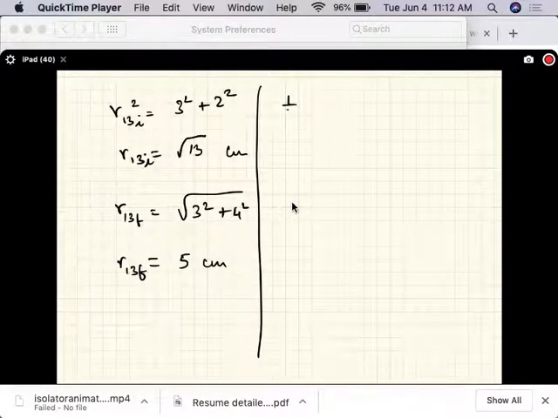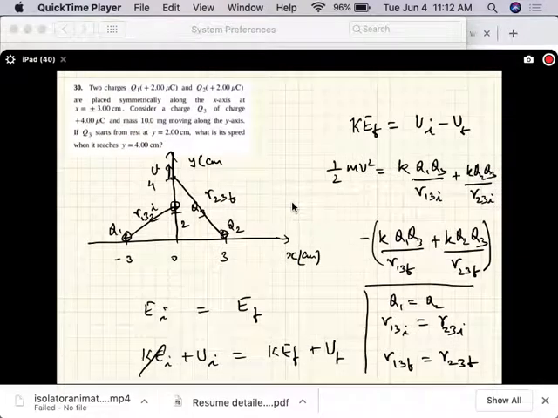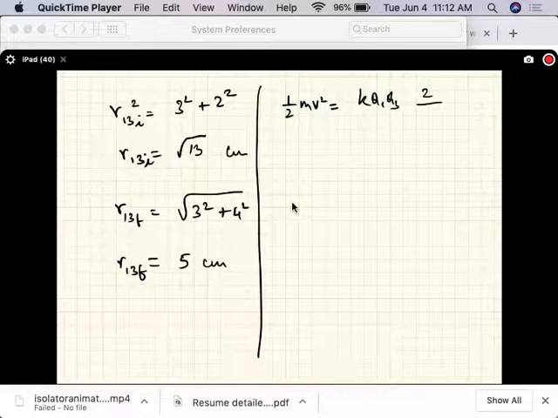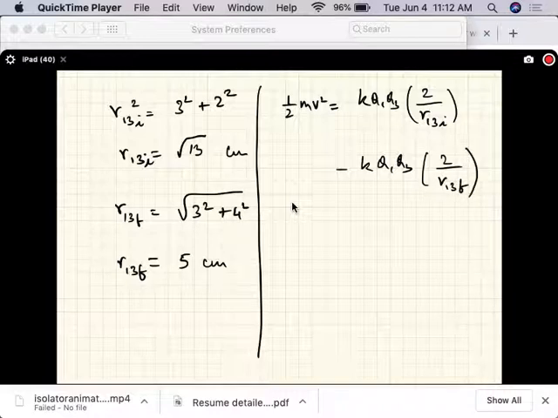So 1/2 mv square is equal to K Q1 Q3, and R13 is equal to R23, so that's 2 over R13 initial, minus K Q1 Q3, 2 over R13 final. Those distances are the same. So 1/2 mv square equal to K Q1 Q3 times 1 over R13 initial minus 1 over R13 final.